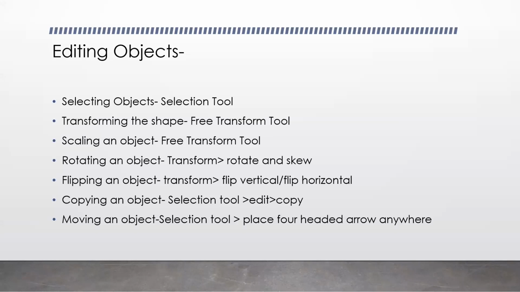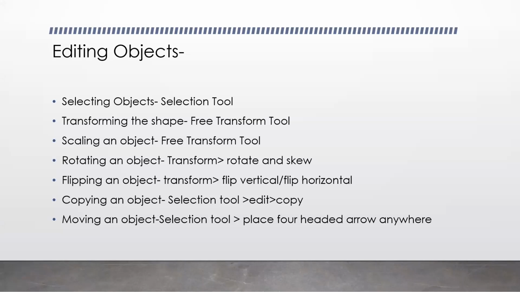Next is editing objects. As we have done, it is on page number 45, and you can see the images from there. Here I have mentioned what all things you need to do for editing a particular object. First is selecting objects. If you have to select some objects, which tool will be used? Selection tool.